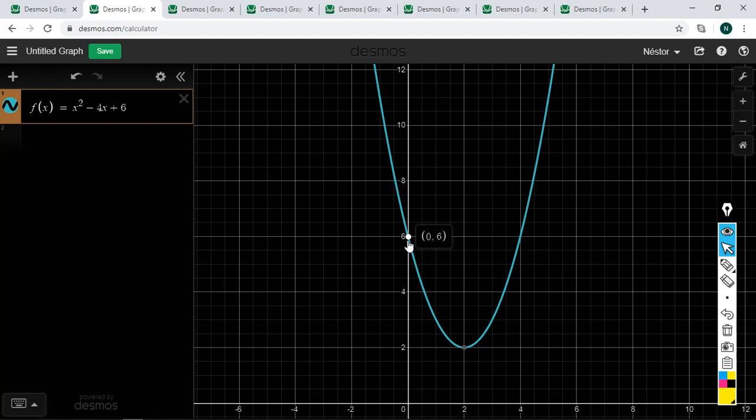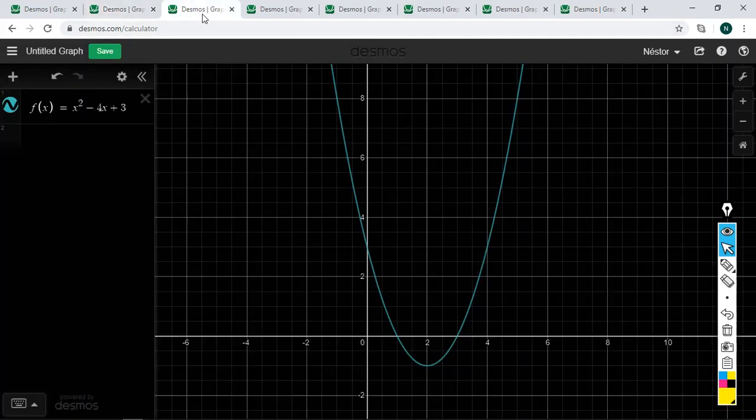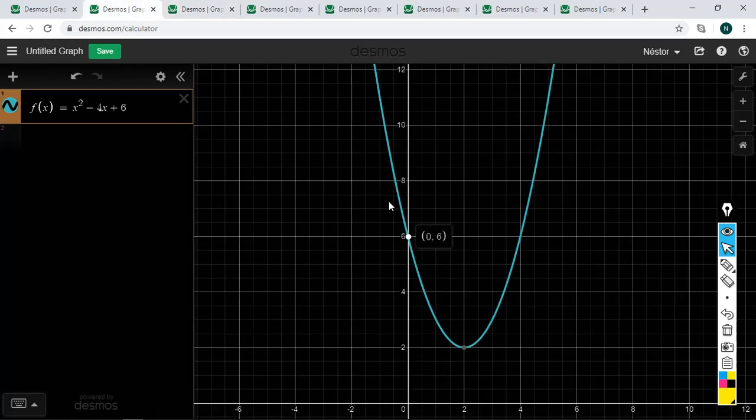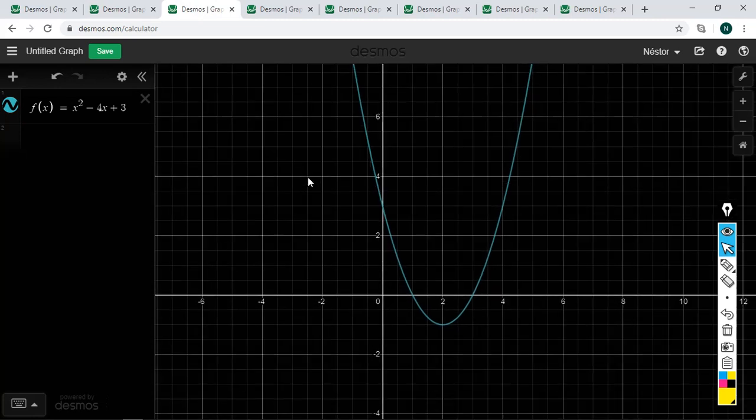Got it? Extremely simple things. Next, this is similar to the one before. It's also a quadratic function, but look at this. What is the difference? Now we do have x-intercepts.